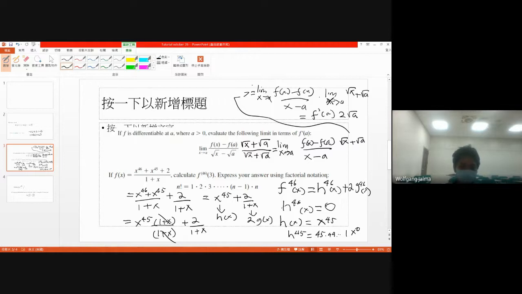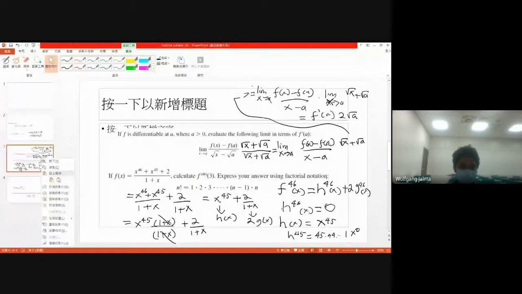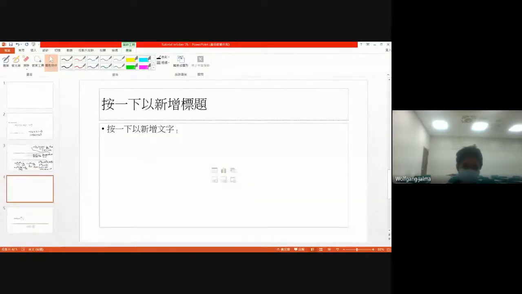Now let us do g(x). We know that g(x) is equal to 1 over 1 plus x, or (1 plus x) to the power of minus 1, right?